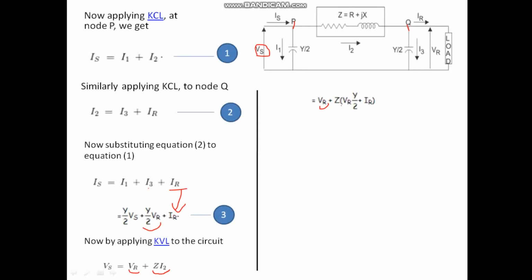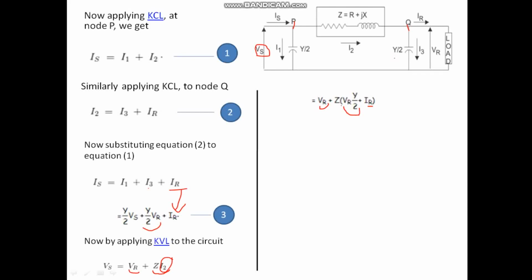What is I2? It is I3 plus IR. Okay, see, come to equation 2, right? I2 is I3 plus IR. Now here I want to substitute I2, right? So I3 is VR into Y by 2 plus IR.